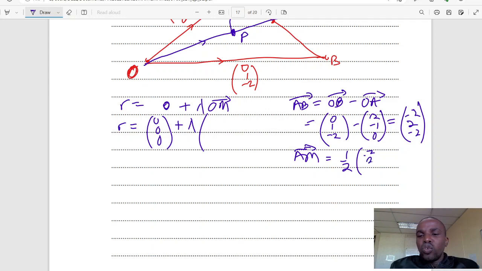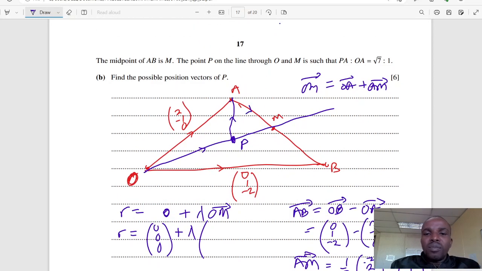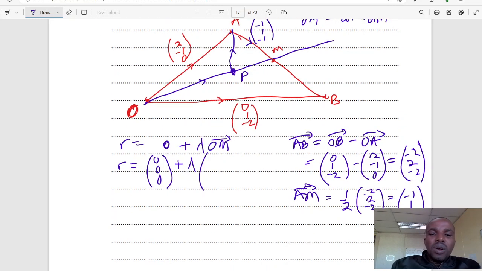So half of (minus 2, 2, minus 2) equals (minus 1, 1, minus 1). So this part AM is (minus 1, 1, minus 1).